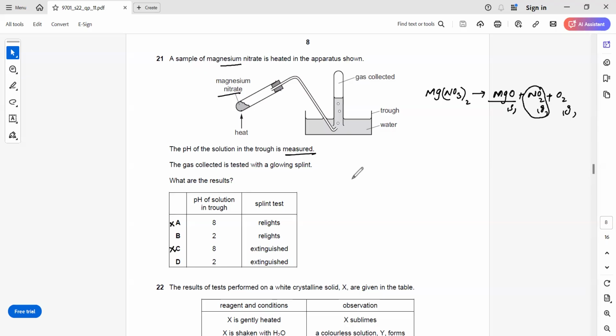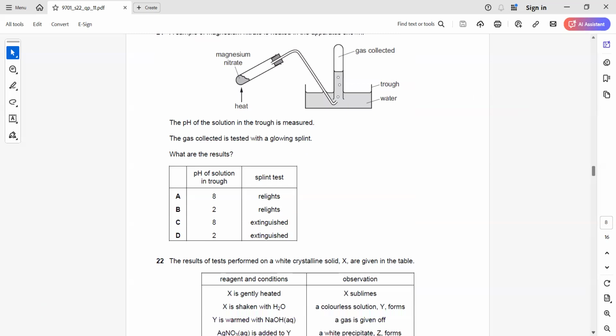We are left with B and D. They are saying the gas collected here, which is O2, we know, is tested with a splint. Extinguished or relights? O2 relights the glowing splint. So option B is correct. Got it? Okay, now let's see another question.